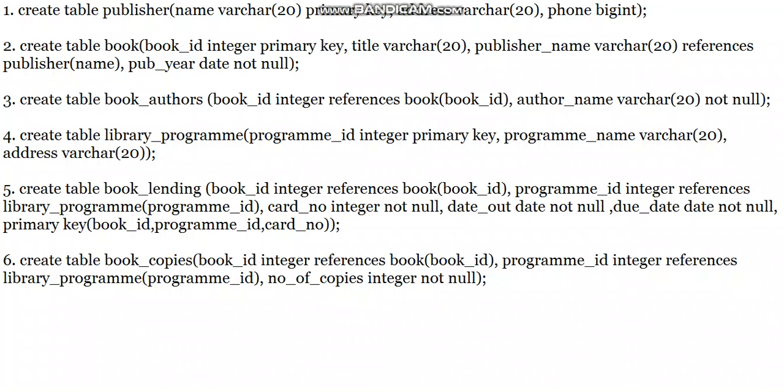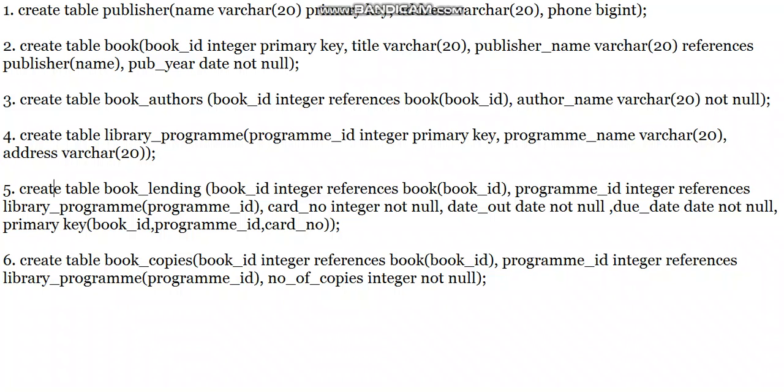Then the fourth one is library program. The library program is an independent one, so it is created with program ID as an integer and the primary key, as per our schema diagram. Then program name is a varchar and address is a varchar. Then the next one is the book lending table.